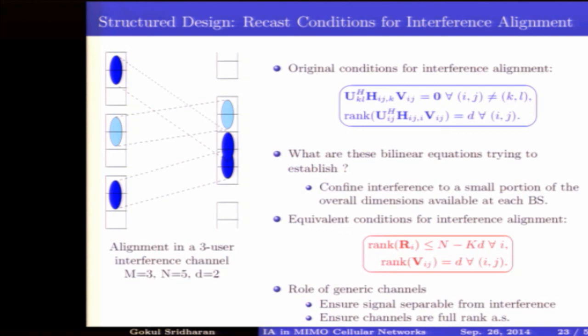So that's what interference alignment is trying to do. It's trying to pack interference into a smaller dimension. So that's where the notion of packing ratio comes in. So here I have been able to pack 4 interfering streams into 3. So I got a packing ratio of 4:3.